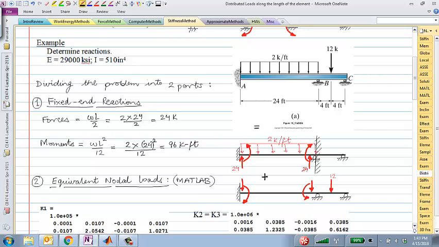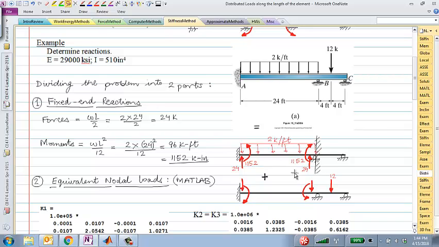For this particular problem, I will convert everything to kips and inches, which is equal to 1152 kip inches. So this fixed end moment, that would be the reaction moment 1152.